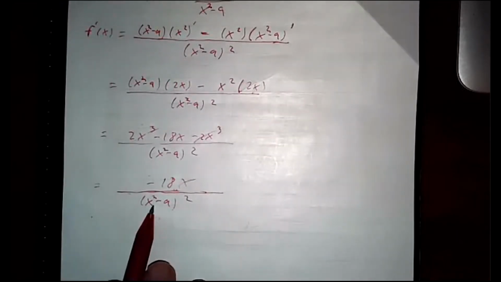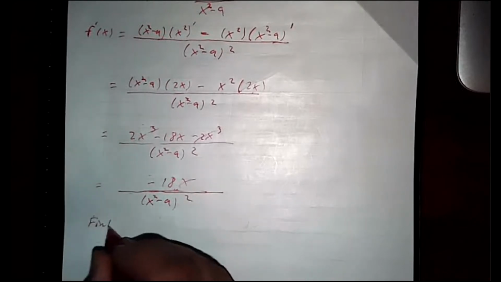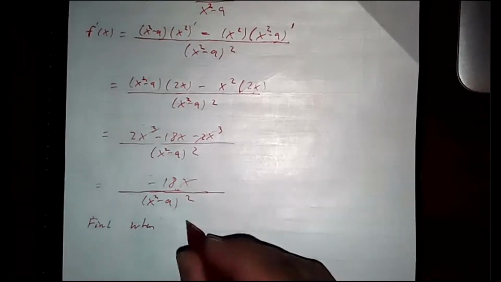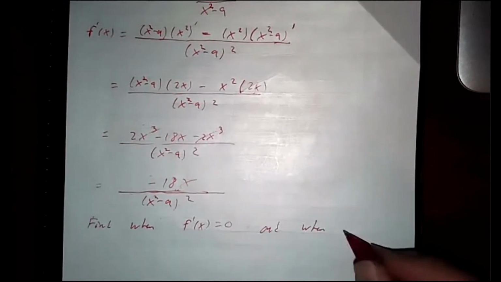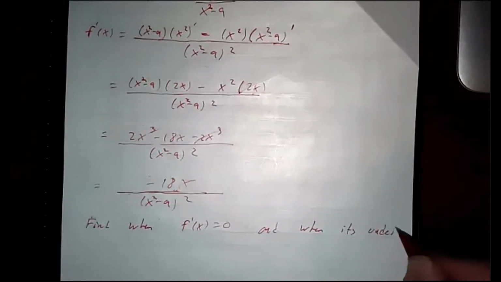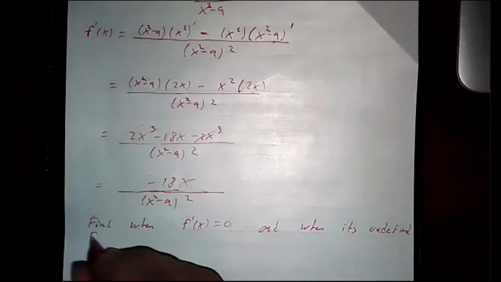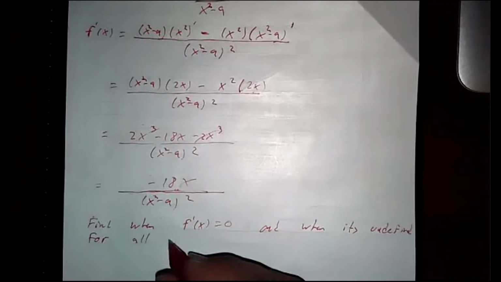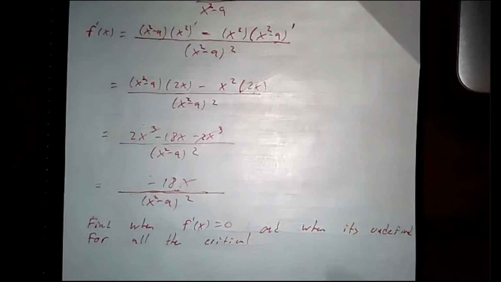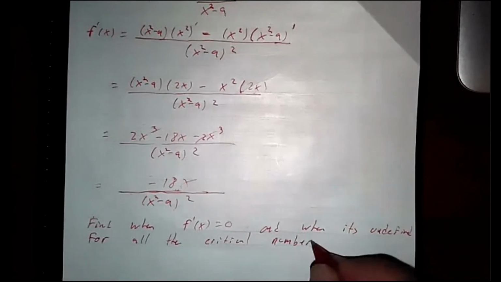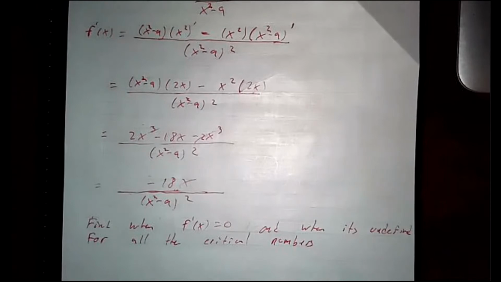So now the question is, what makes the top 0? What makes the bottom 0? So find when f prime of x is equal to 0 and when it's undefined for all the critical numbers. So points of discontinuity can be critical numbers. That doesn't mean that they will be maximums or minimums.